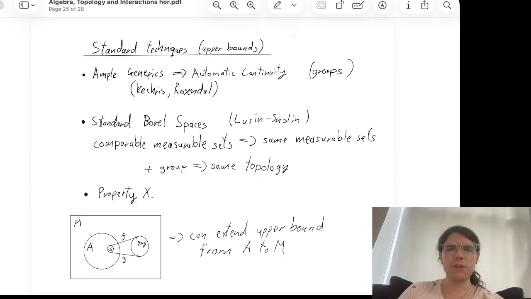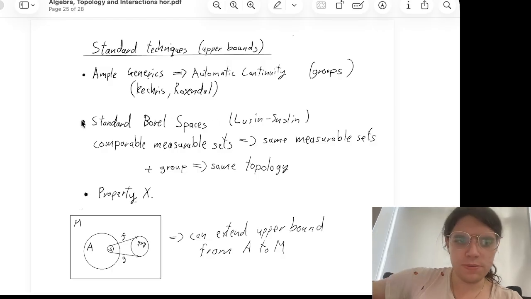Now, with a much weaker assumption, just any group, we can use this other trick, although we now have to assume more about our space.